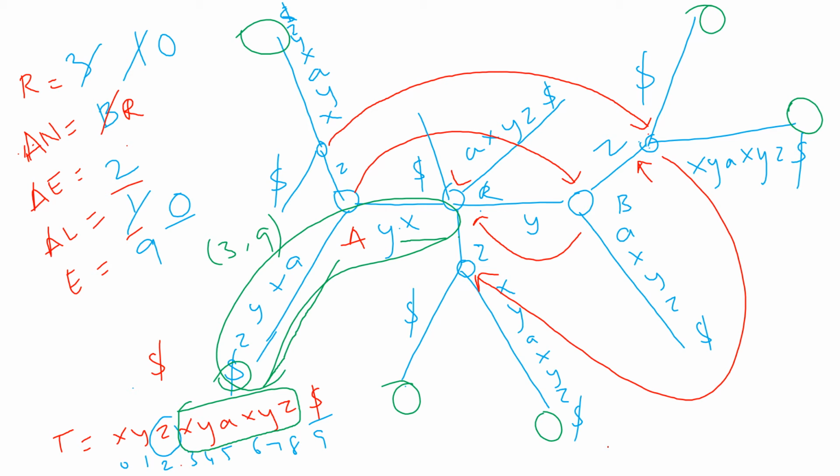For example, let us take this one. It is 1 2 3 4 5 6 7 8. Sorry, it's 10 actually, since it's 0 to 9. So 10 minus 8 is 2. So the starting point is at 2. For this suffix, it starts at 2.